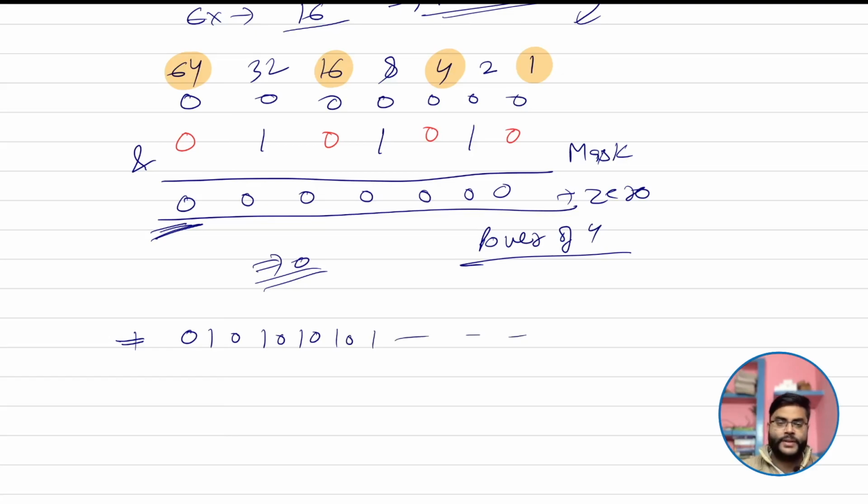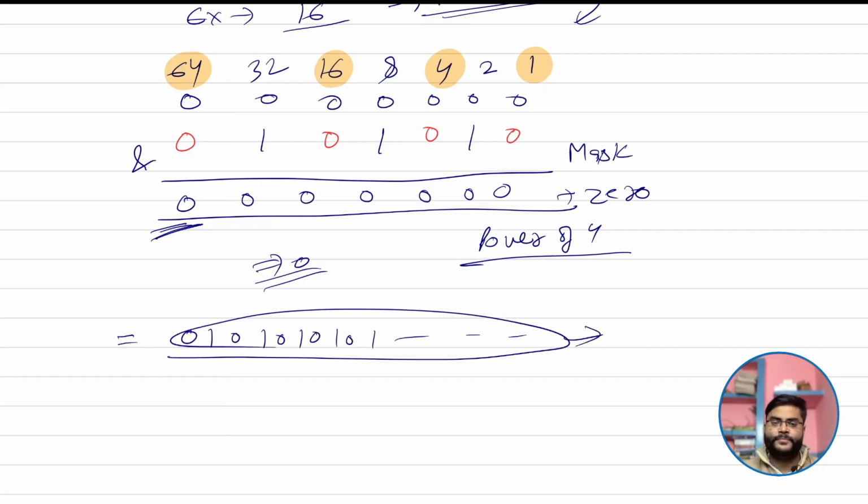1, this only. Okay, but is it a good idea to write the whole mask every time? Is it a good idea to take this mask like this? Let's say an integer is of size 4 bytes. 4 bytes means 32 bits.